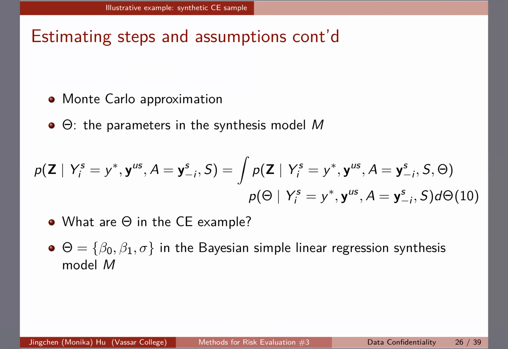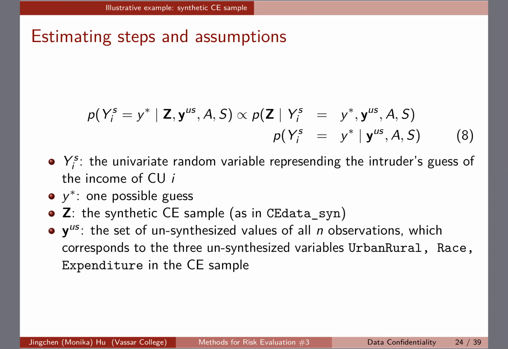In particular, we're looking at Y_i^S, which is the random variable that the intruder is using to represent the uncertainty of the guess of the possible values for the ith observation of the synthesized variable, in this case the log income.